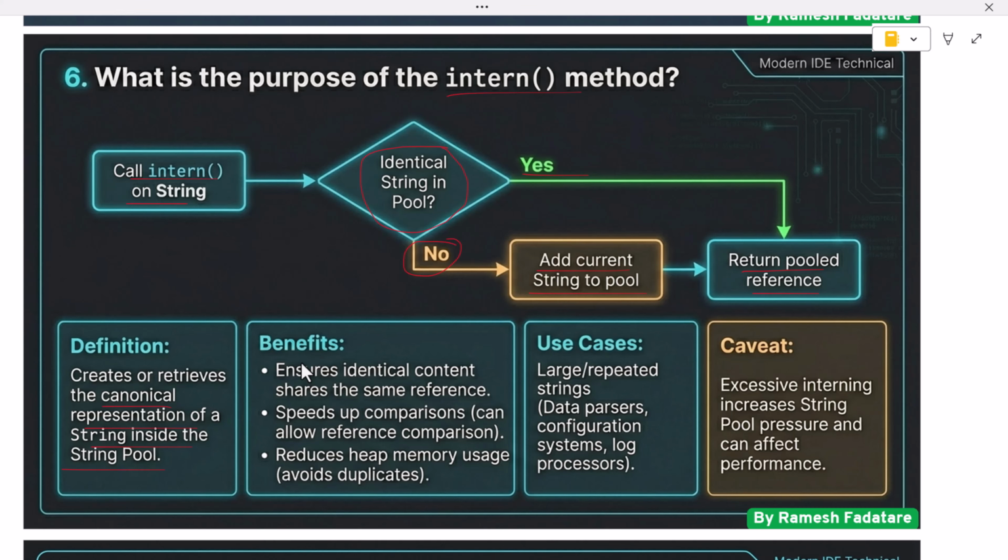This method helps ensure that strings with identical content share the same reference, which improves memory efficiency and speeds up comparison operations. The intern method becomes useful when working with large or repeated string values, especially in applications that handle millions of identical strings such as data parsers, configuration systems, or log processors.